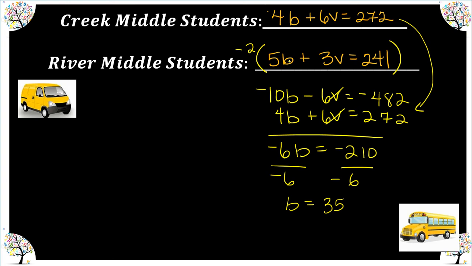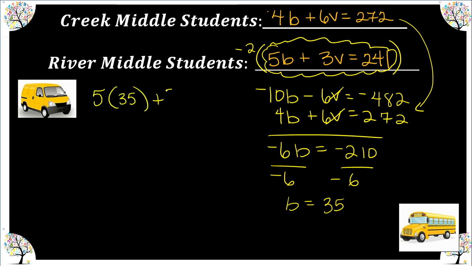Now let's see how many students are in a van. So I'm just going to use this equation. You can use either one. And I'm going to plug in 35 for B. I'm finding V, how many students are in a van. And then when we multiply this, we get 175.